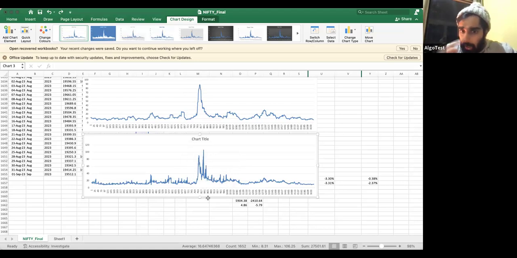ठीक है? So they kind of move hand in hand. Implied volatility is the prediction. Realized volatility is what actually happens. Sometimes, in the case of COVID, realized volatility increased and then IV matched it. In other places, IV tends to be a decent predictor for realized volatility.